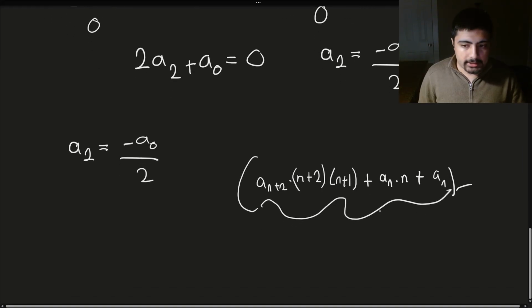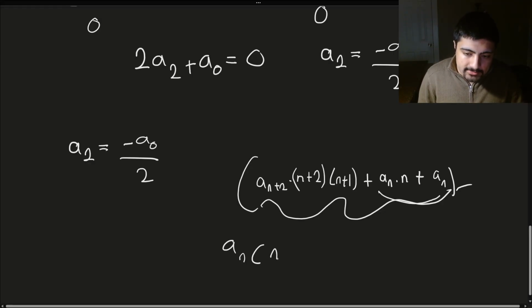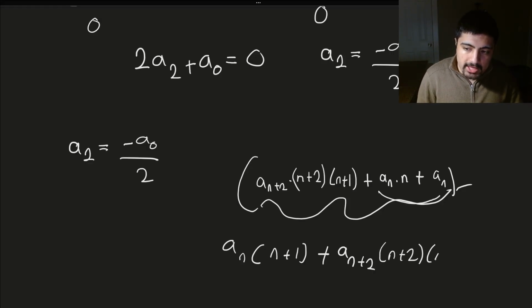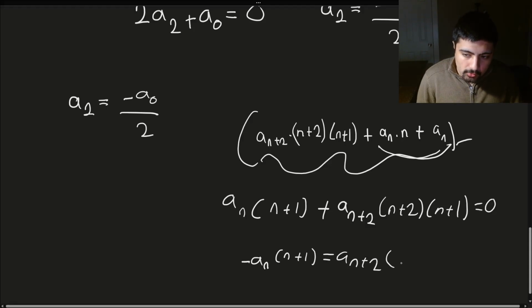And for this chunk, we're going to factor a sub n here, do some algebra, and get a sub n times n plus 1, plus, you cannot factor for a sub n plus 2, so a sub n plus 2 times n plus 2, n plus 1 equals 0. Then we carry this out to the right-hand side, so we have negative a sub n, n plus 1 equals a sub n plus 2, n plus 2, n plus 1.